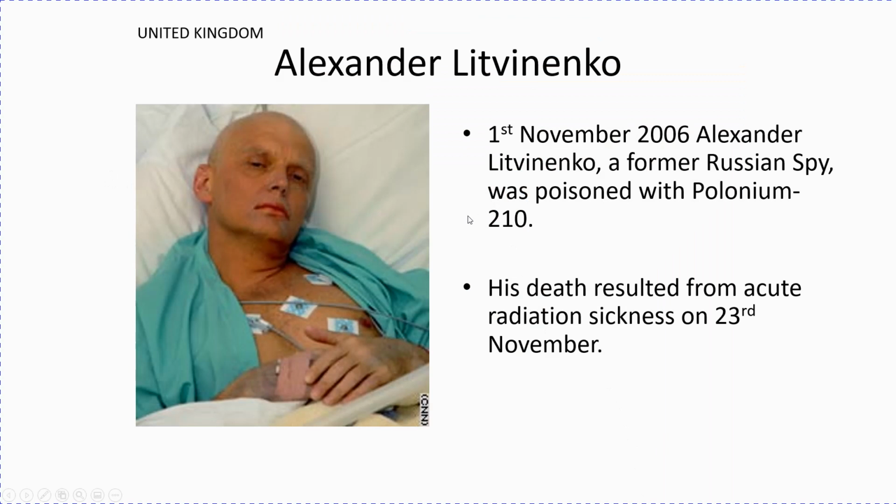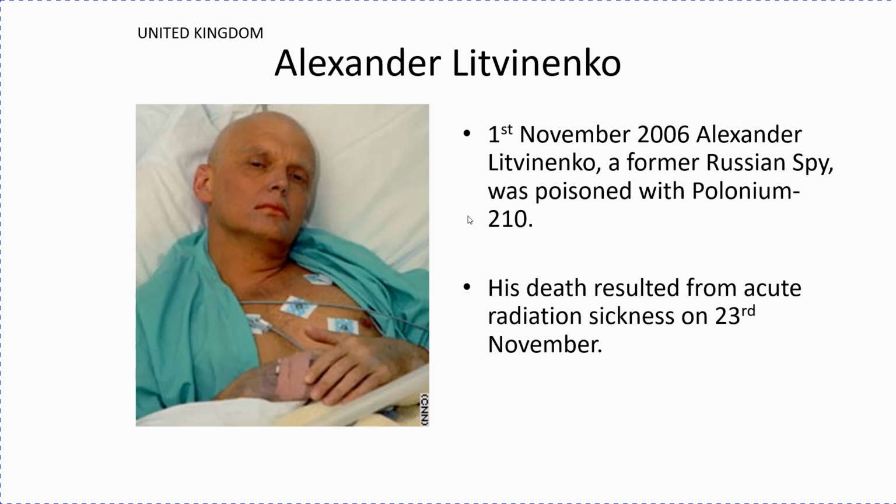Okay, so this is the example that I was talking about. Alexander Litvinenko, can't really pronounce Russian, was a Russian spy, and he was living in the UK. He was living in London, and in 2006 he was poisoned with polonium. Polonium is a radioactive material that will give off alpha particles, and it was actually put into some orange juice that he drank.